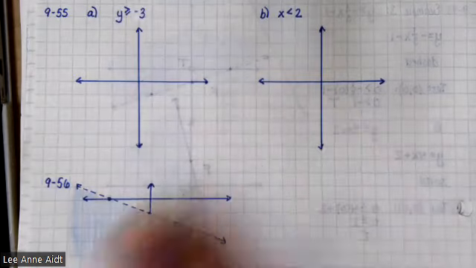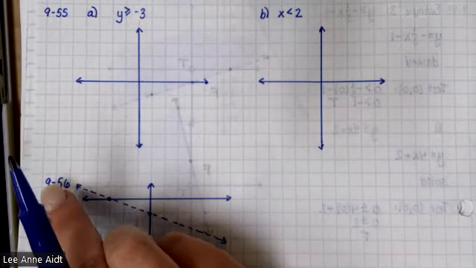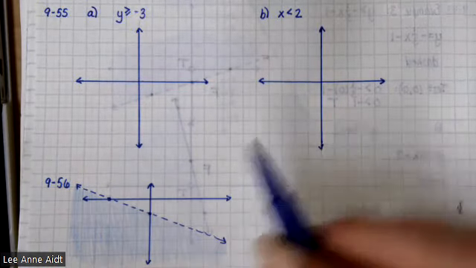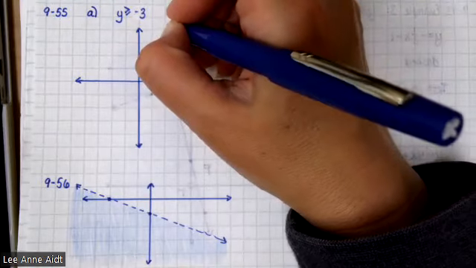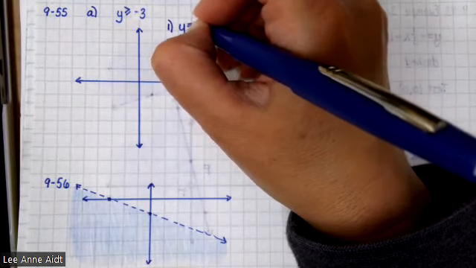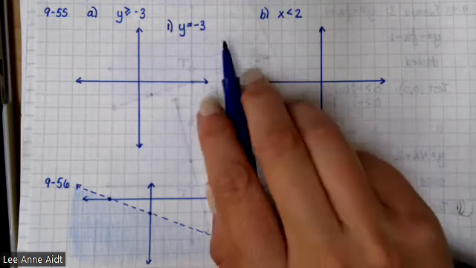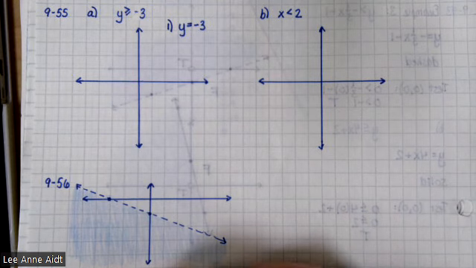This is kind of a reminder from chapter 2 of how to graph y equals and x equals stuff. So we're going to start with 55a. Step 1 is to pretend you have equals, y equals -3. What type of a line is y equals -3?